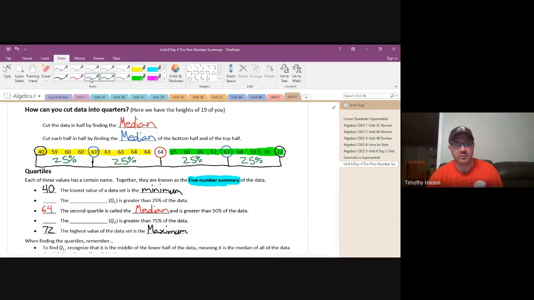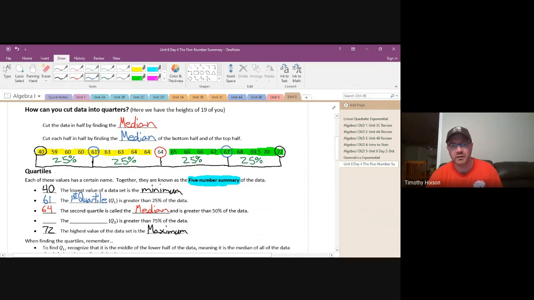So that's our median. Then we had these other 2 values. The median of the bottom half is 61, and we call that the first quartile. You can abbreviate that Q sub 1. It's greater than 25% of the data, but that is our Q sub 1.